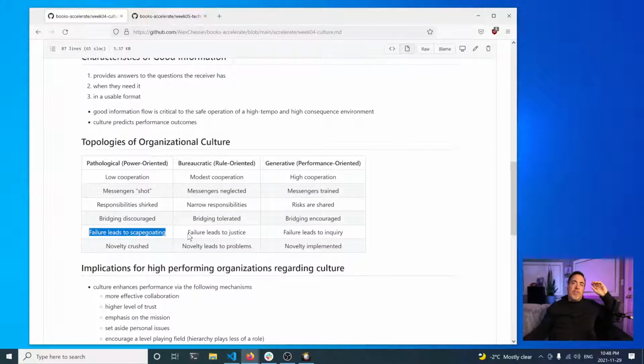If failure leads to scapegoating, they throw somebody under the bus and try to cover their own ass. Whereas failure in a generative organization really drives a deep dive into what went wrong. We talk about things like there is no root cause. We don't focus on human error. We focus on training conditions and things like that.